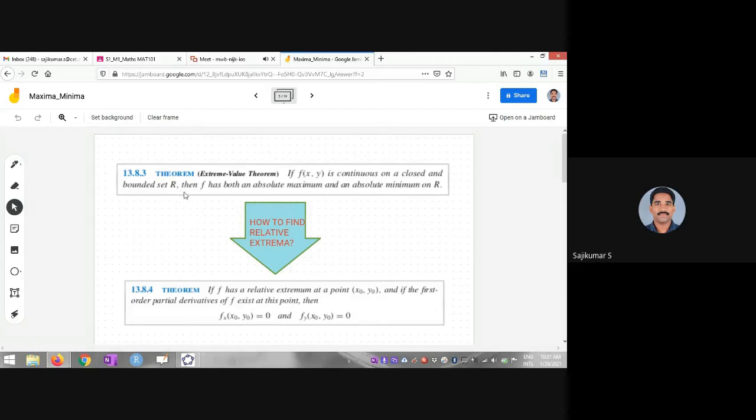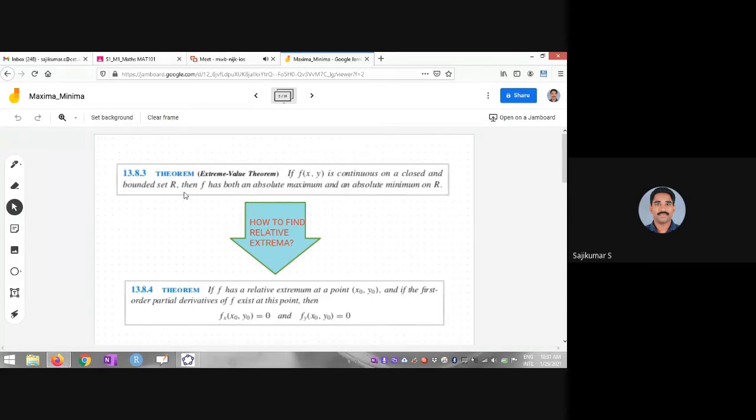Otherwise, what happens? Suppose we are defining a function on an open set. See the simple case of one variable. Suppose I am considering the function, the parabola y equal to x square, defined on the open interval minus 2 to 2.